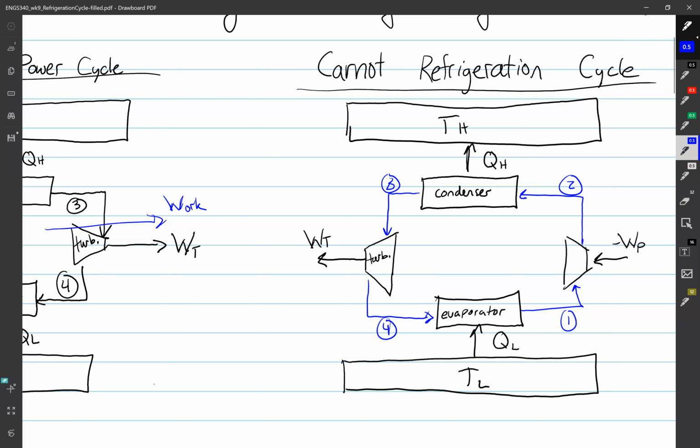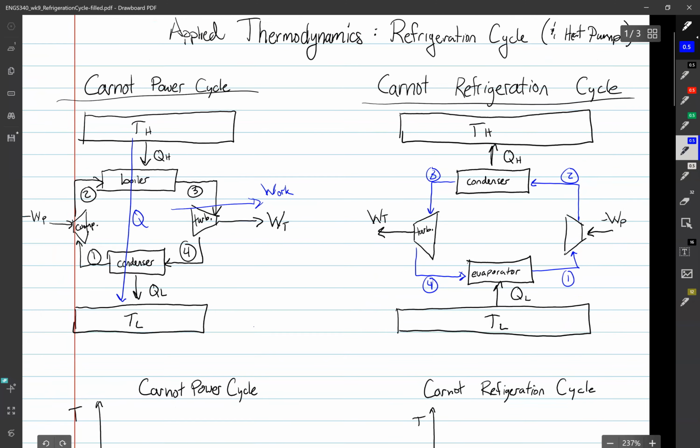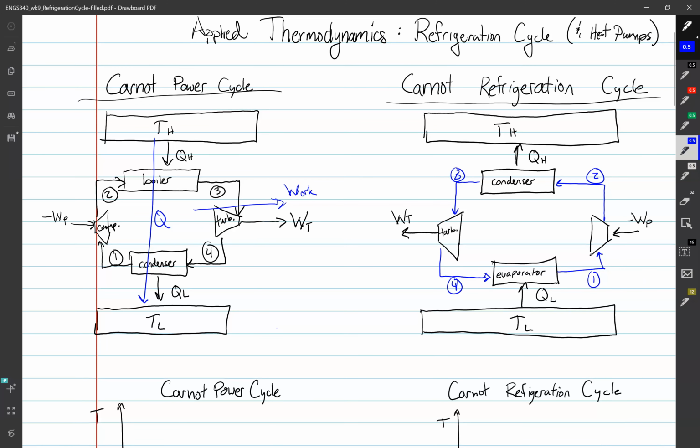So this would be what our Carnot refrigeration cycle looks like, right? In essence, we're taking heat and pushing it from low to high temp, and we're doing that by having a net work into our system. You want to think about it like that.